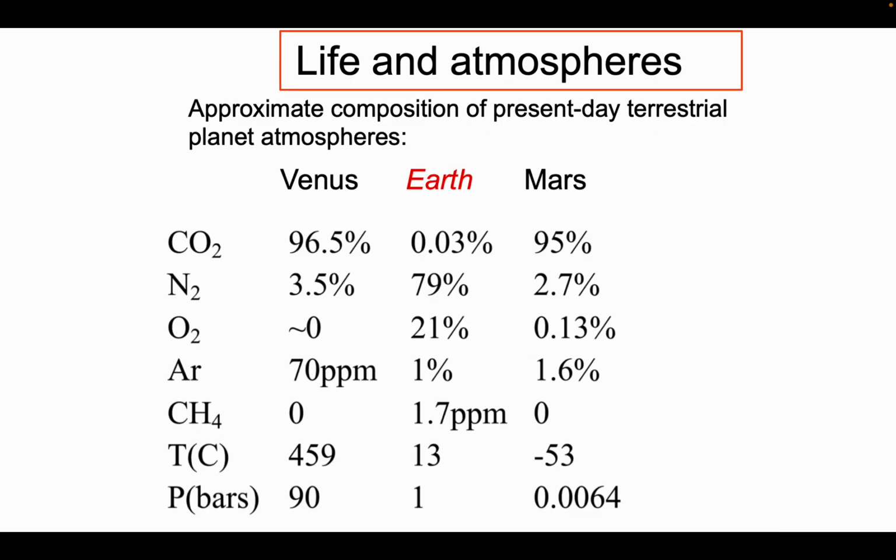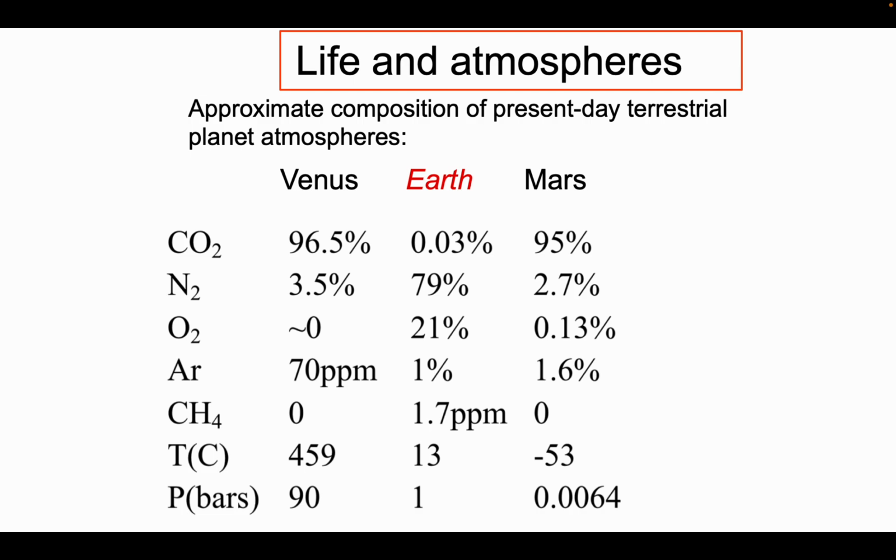Here is the approximate composition of the present-day terrestrial planets' atmospheres. Venus, Earth and Mars are compared here. You can see Earth's pressure is 1 bar, Mars has a low pressure, and Venus has a higher pressure. Venus has a carbon dioxide rich atmosphere, and Mars is also carbon dioxide rich.